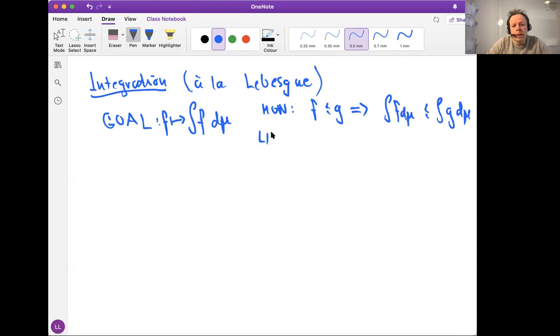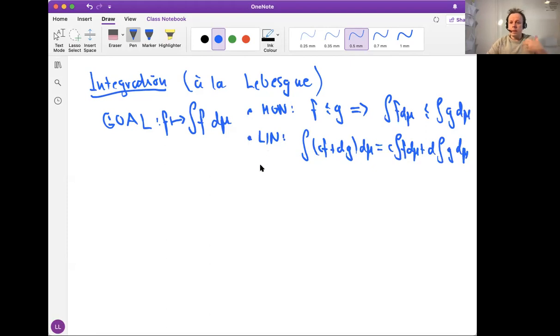We would like to have linearity, which says that if we take a pointwise linear combination of functions f and g, then the integral is c times the integral of f plus d times the integral of g. These are the basic properties that the integral should satisfy.